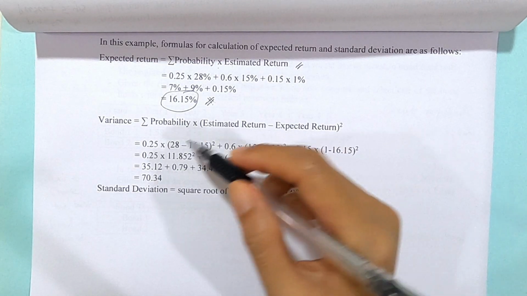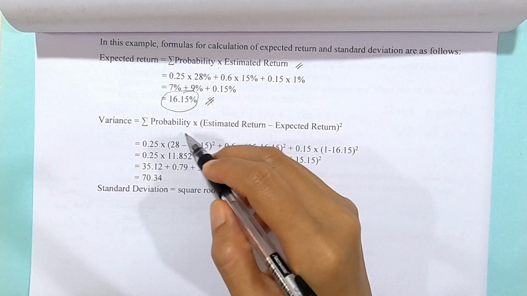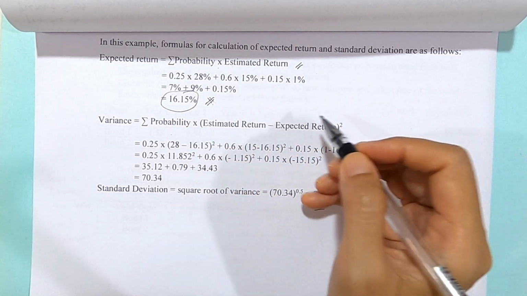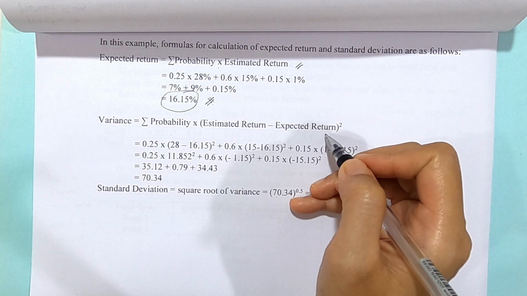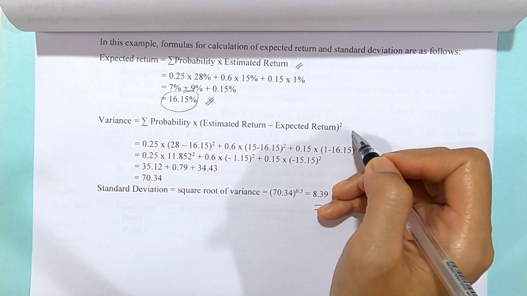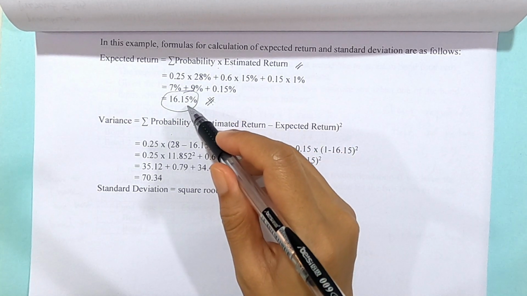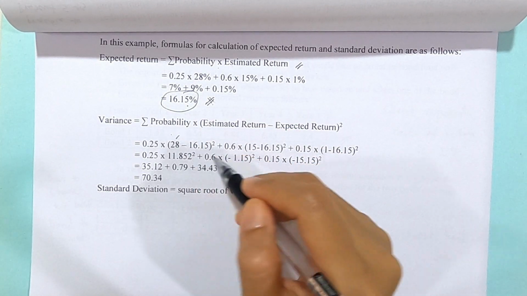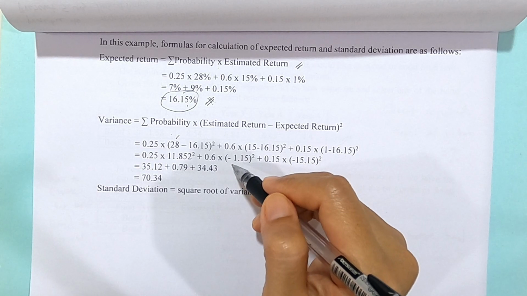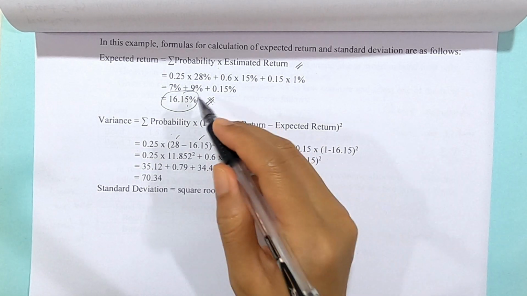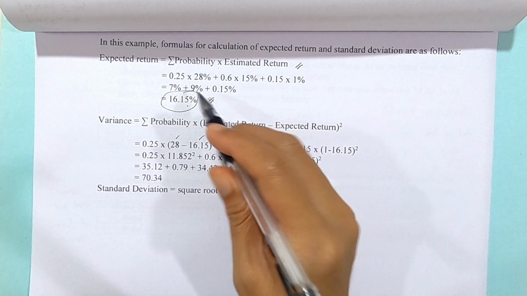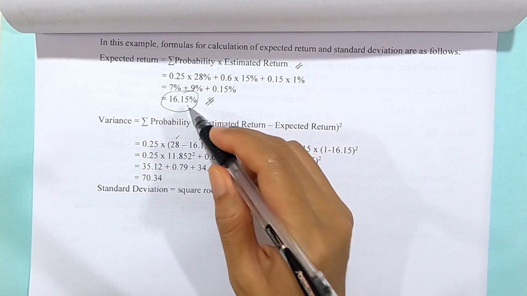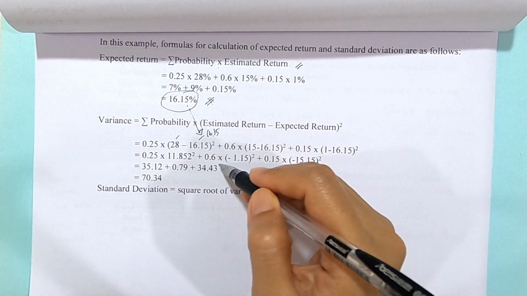For the variance, we sum up the probability times the estimated return minus the expected return, to the power of 2. Okay, so now we know this is the estimated return. This is the expected return of 16.15, the one that we already calculated before.